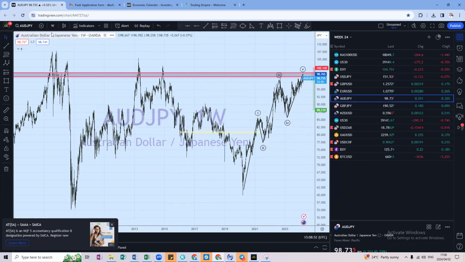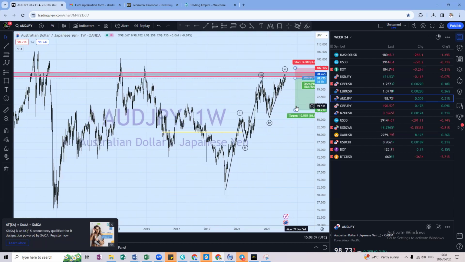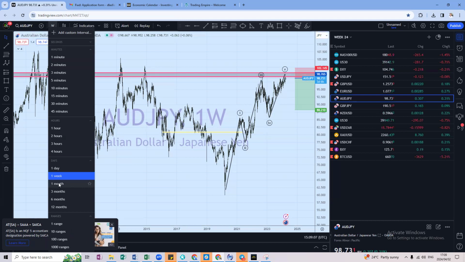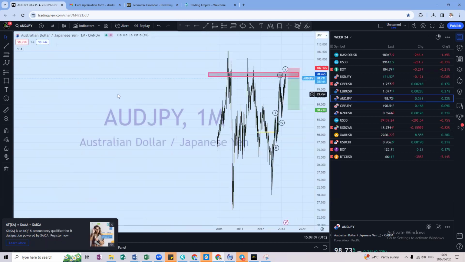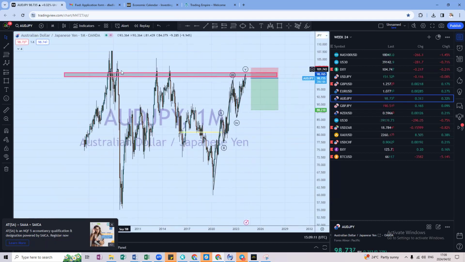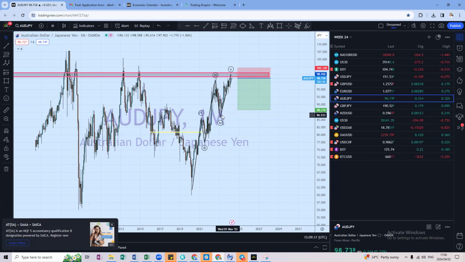You can see for the longest time this area has been resisting price, and we're expecting price now to go to the downside, right? Price has been respecting that key resistance area for long. So you can see even from this chart, double top, it's hit there, dropping.